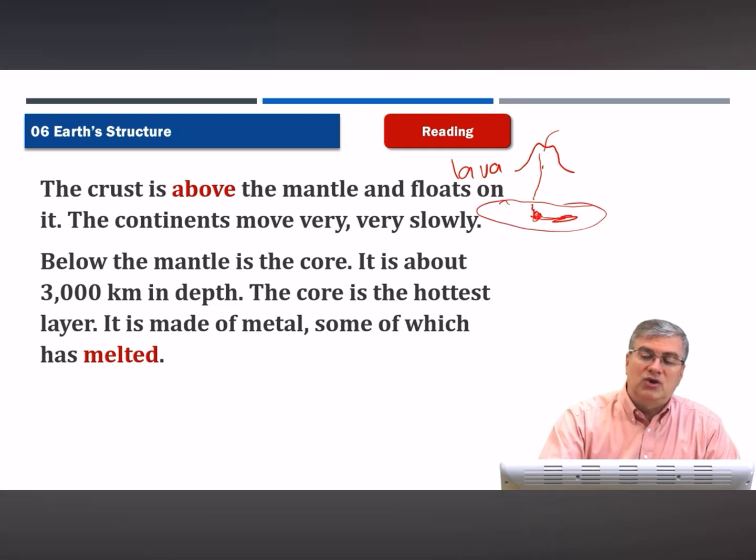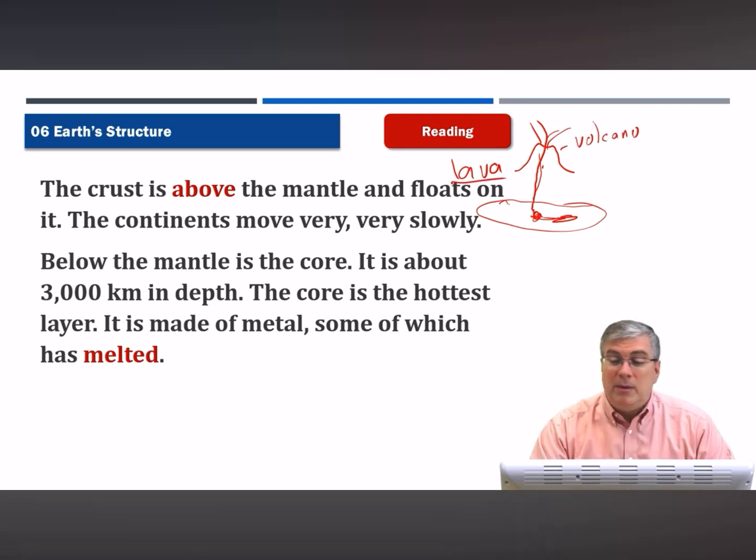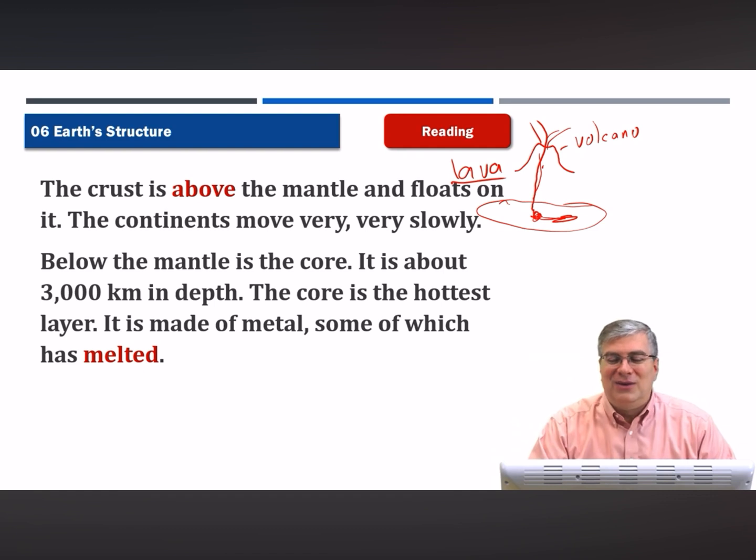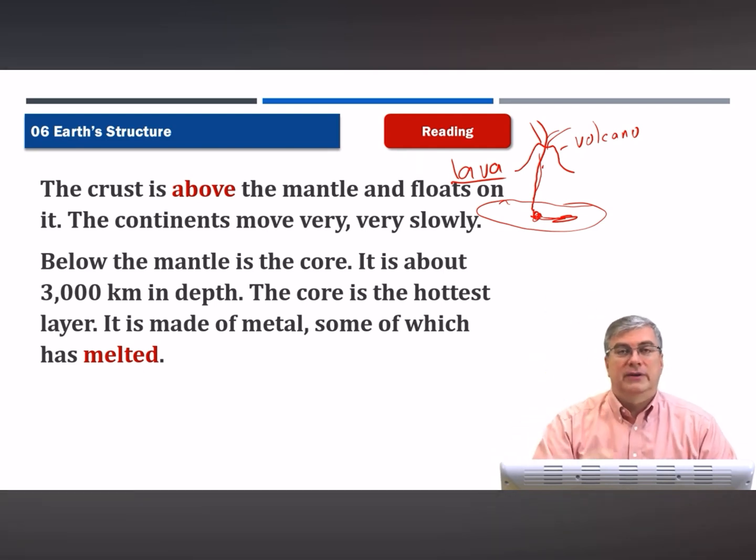And when there's pressure, boom, it comes spewing up out of the volcano. And this, of course, is a volcano. So we call that lava when the rock is melted. But the volcano isn't picking up material from the core. That's way too deep. The volcano is picking up material from the mantle that's coming up to the surface. Okay.